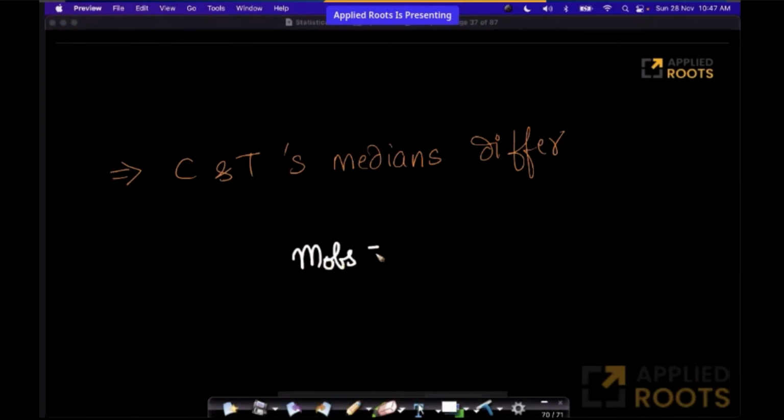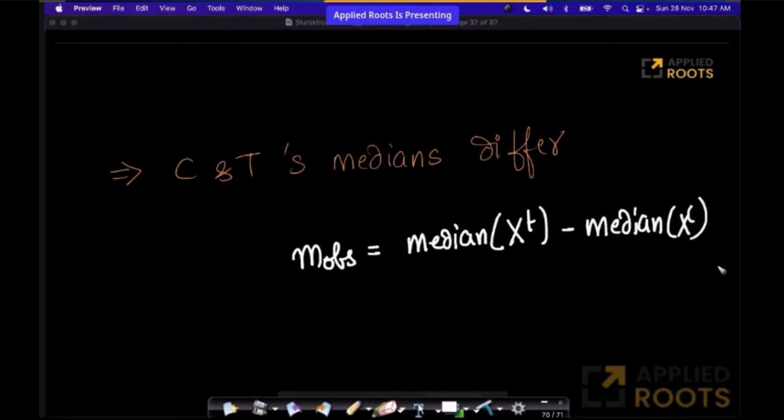Your observation is the median of XT minus the median of XC. Your observed value is 20, and such an extreme value is very, very unlikely if XT and XC were the same. So you would say XC is not similar to XT.